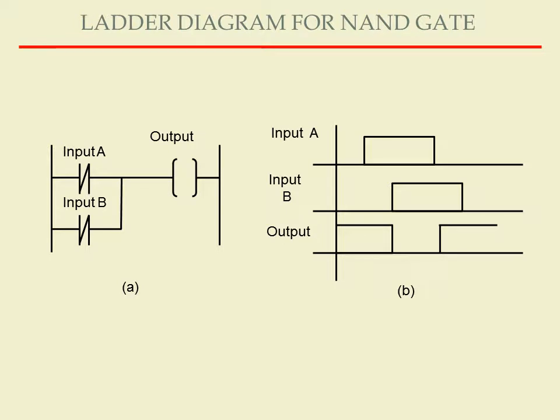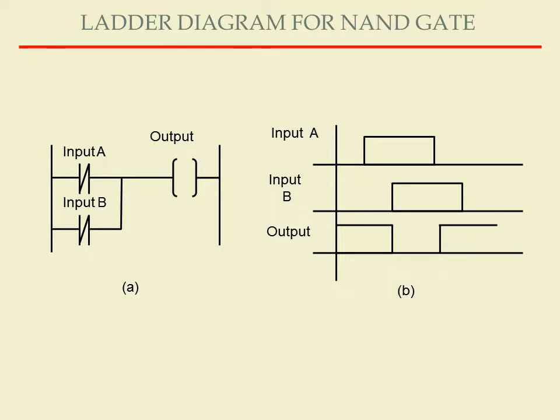Then next is the NAND gate. For the NAND gate, two normally closed switches are connected in parallel. Okay, and recall the truth table for the NAND gate. If input A is 0, input B is 0, then output is 1.